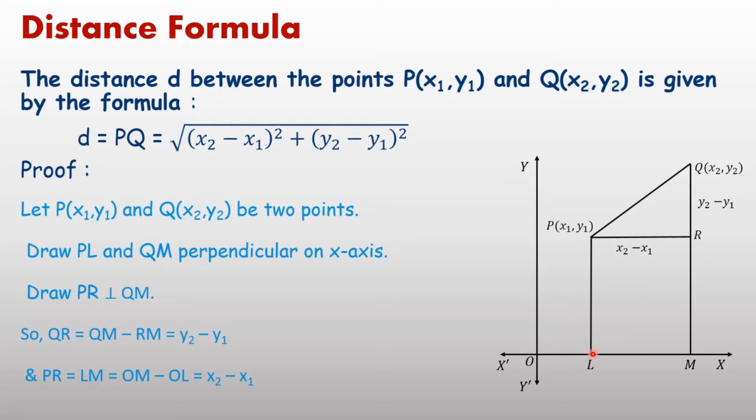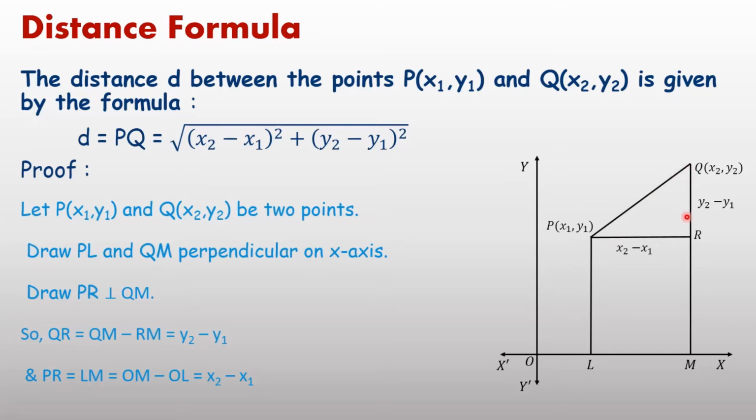PR is same as LM, and LM we can write as OM minus OL, and which is equal to x2 minus x1. Now you have to concentrate in triangle PRQ. In PRQ, value of PR equal to x2 minus x1 and RQ equal to y2 minus y1. Our objective, we want to find distance between P and Q.